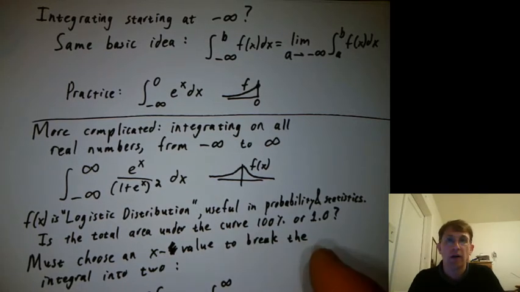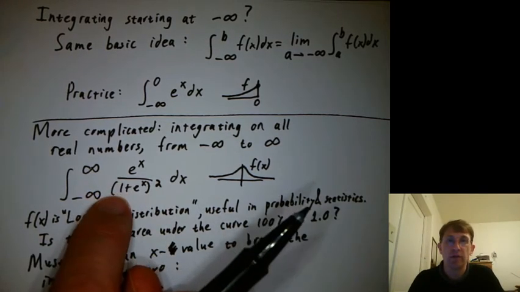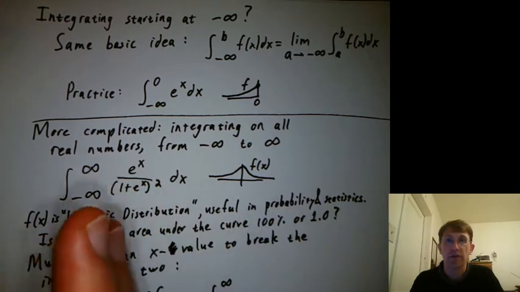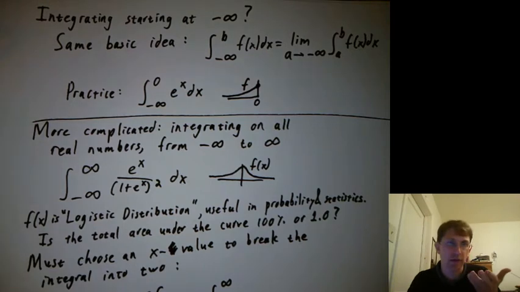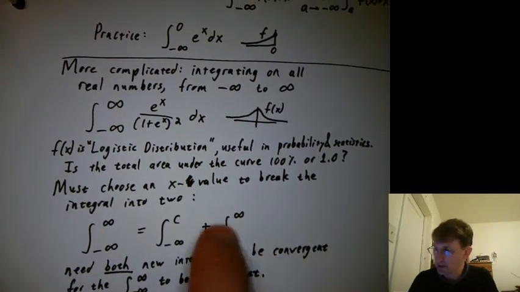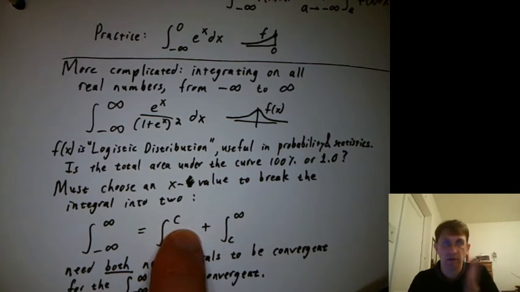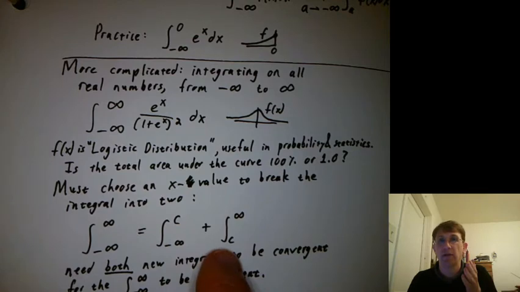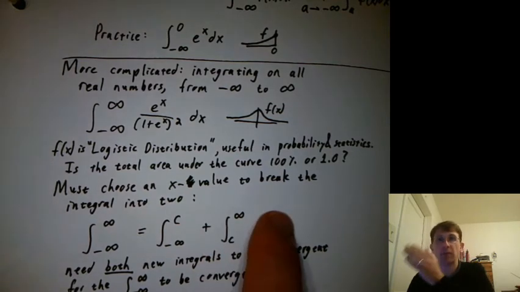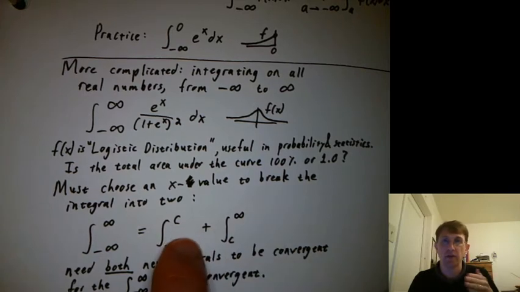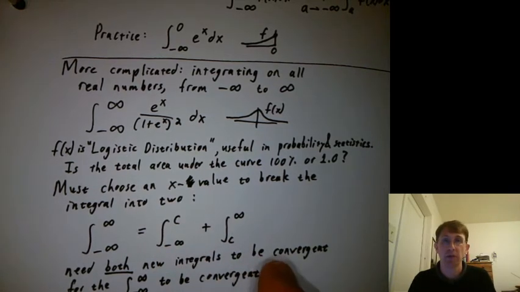So to do an integral from minus infinity to positive infinity, you have to break the integral somewhere along the real line. Usually it's 0, but it doesn't have to be. So here we're using c as a position along the real line, and you integrate from negative infinity up to c, and then you stop, and then you integrate from c up to positive infinity, again using limits the way we did for the one-sided infinity problems.